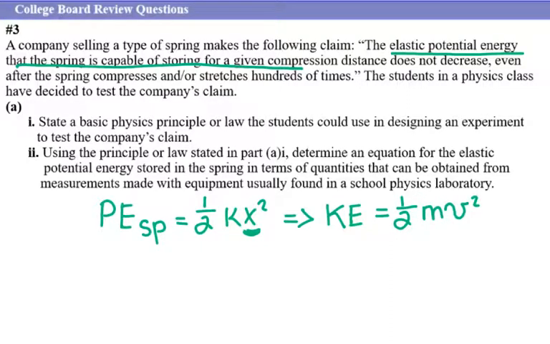And so if they are equal to each other, then energy is conserved. And also, no matter how much you stretch the spring, the energy would always be conserved. So that means that no matter how much you stretch the spring, it doesn't lose its quality of storing potential energy, and always transfers all that energy into the kinetic energy.